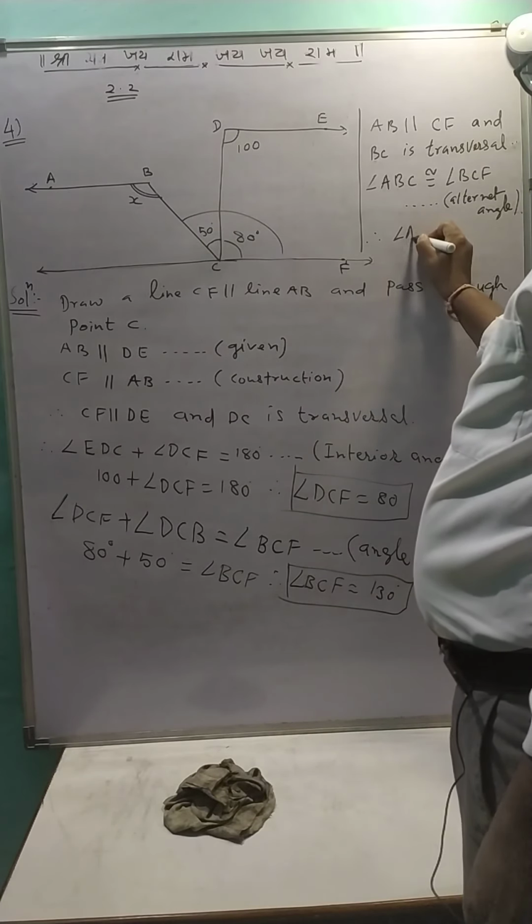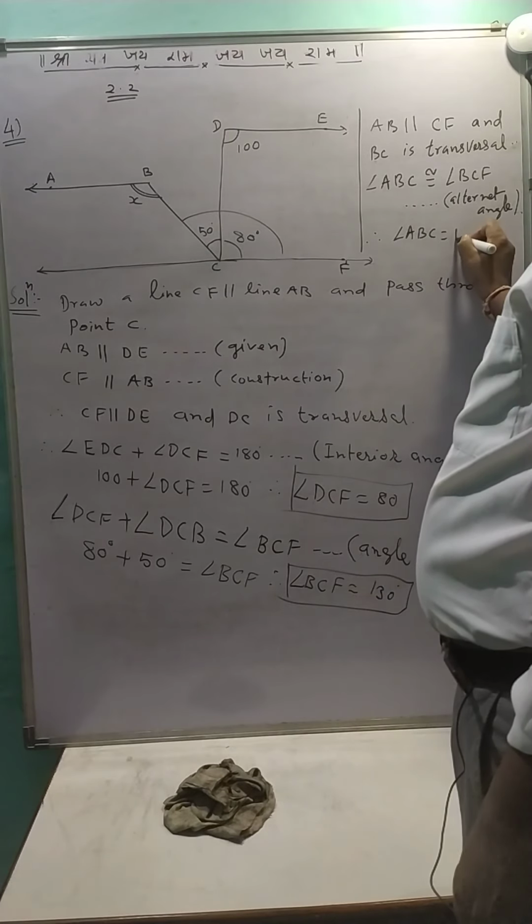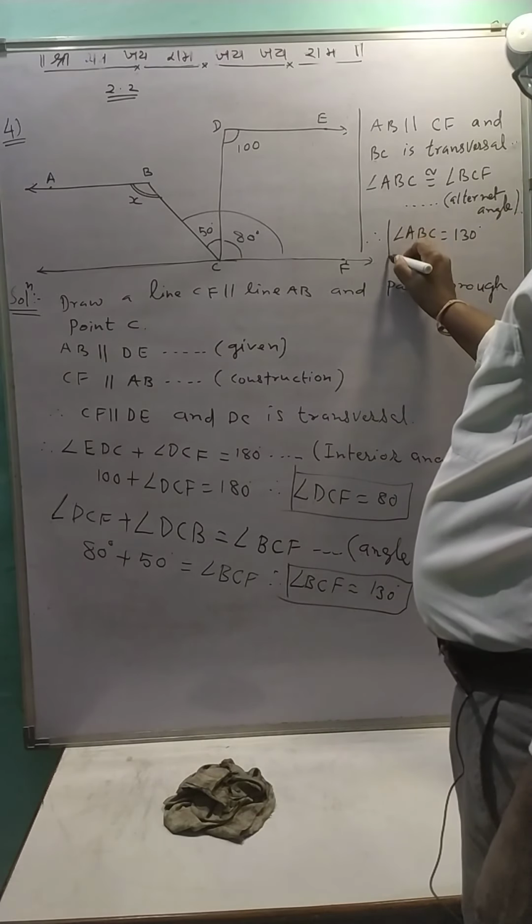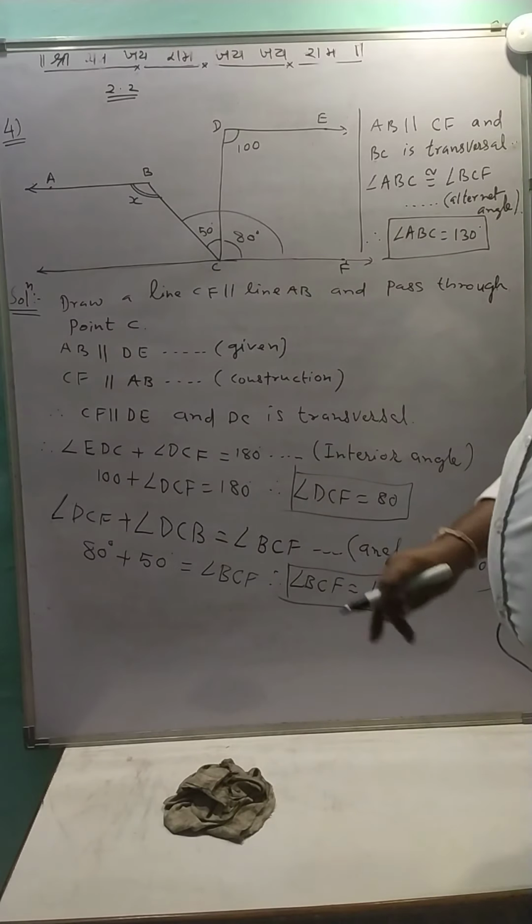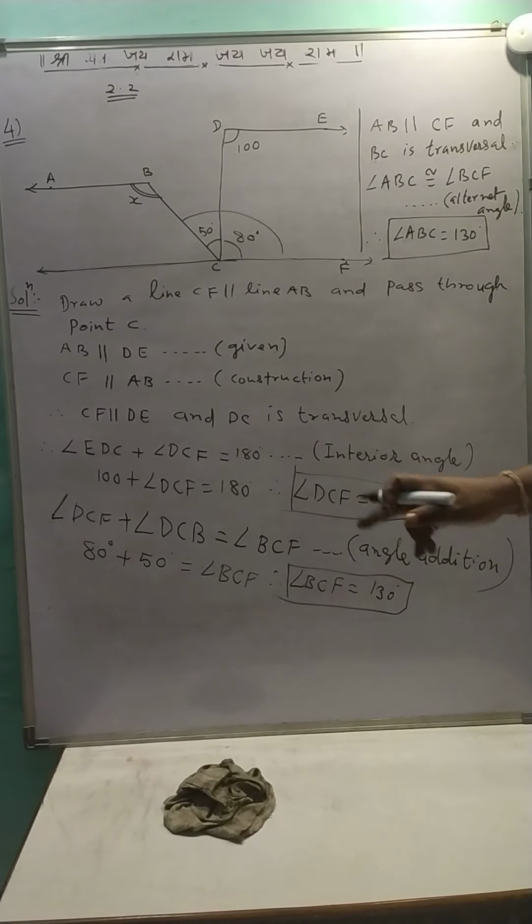Therefore, angle ABC is equal to 130 degrees. Take the snapshot.